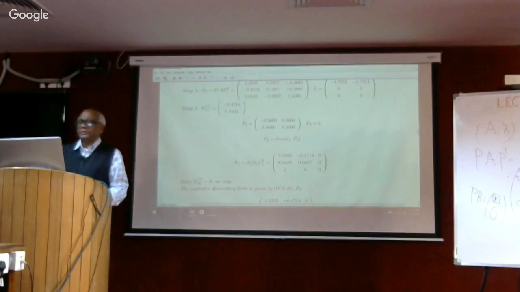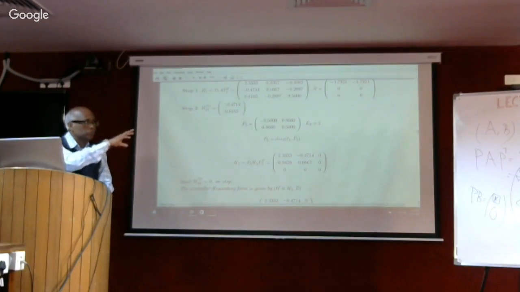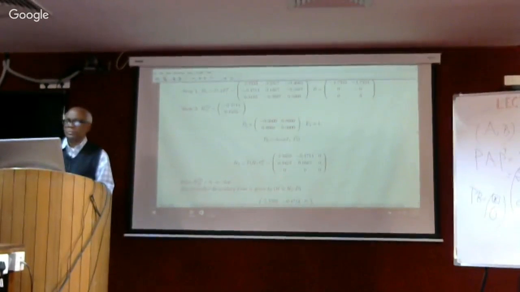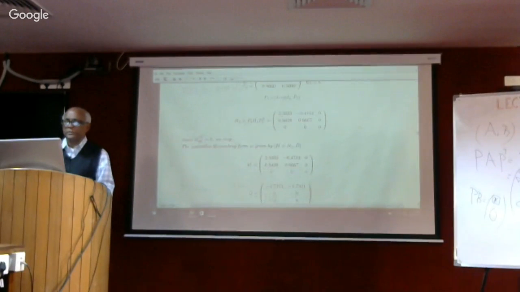So this is your block Hessenberg matrix, upper block Hessenberg matrix that I'm talking about. This is your PAP transpose equal to some matrix H. We call it H because it's a recursive algorithm. So this is your final block Hessenberg matrix, and your B matrix has this form.